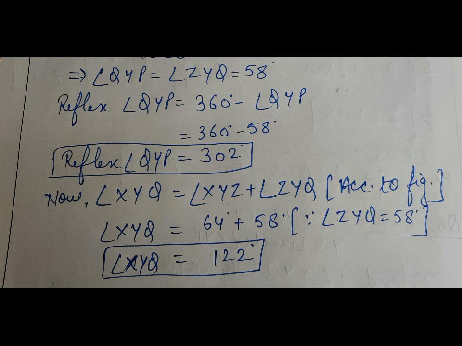According to the figure, angle XYQ can be written as angle XYZ plus angle ZYQ. Now we have values for both the angles, so we can put them here, and then we will get the answer: angle XYQ is equal to 122 degrees. Now you can just revise these questions, and if you still have any doubt, then you can ask.